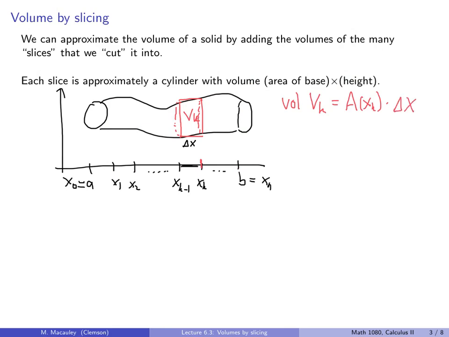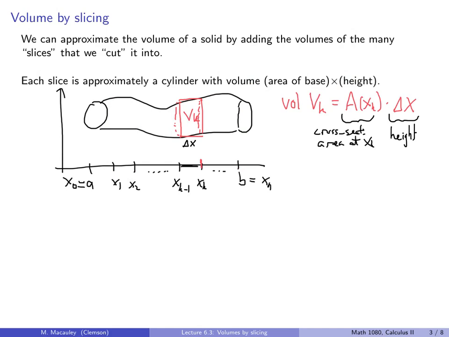So this is the height, and this is the cross-sectional area at xk, and this is the height, or in this case it's the width because it's on its side.